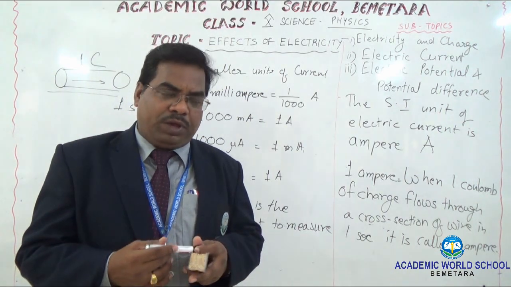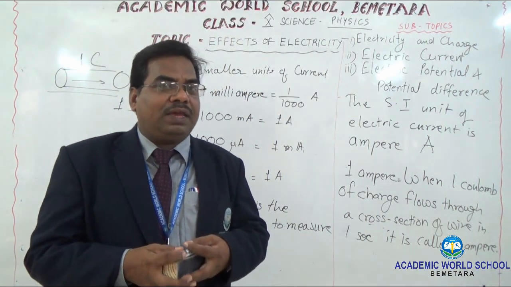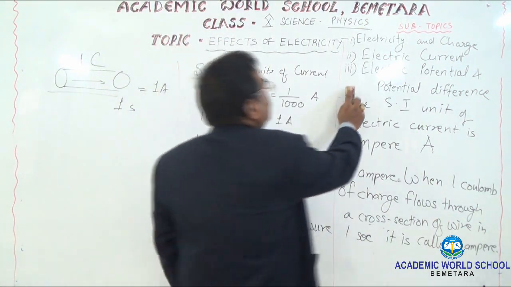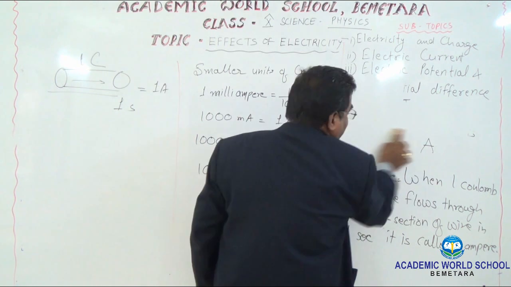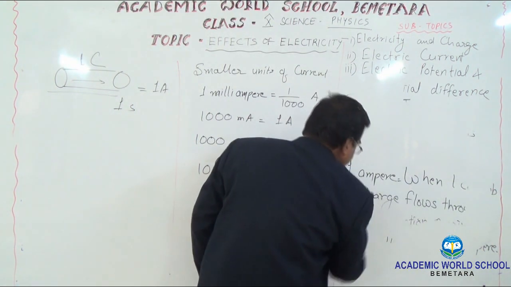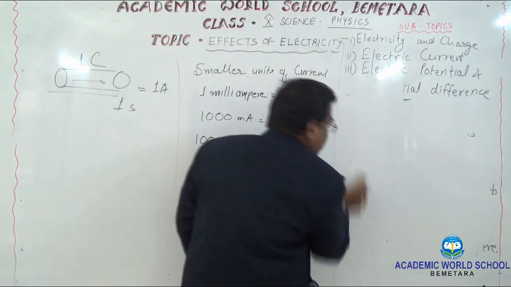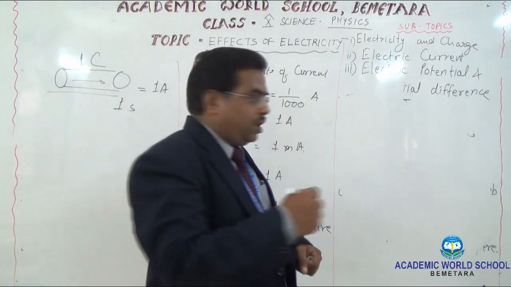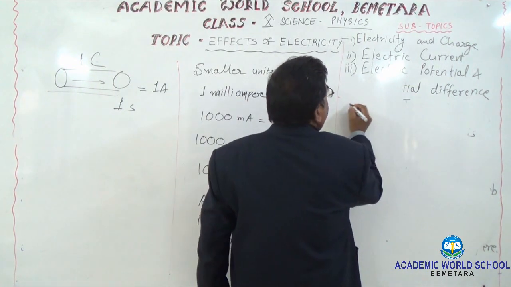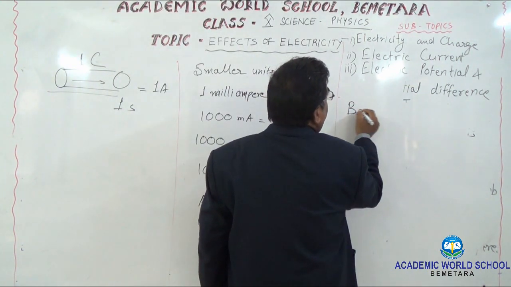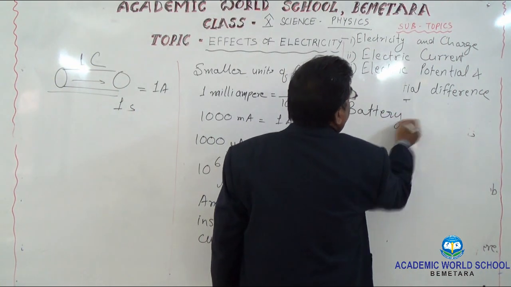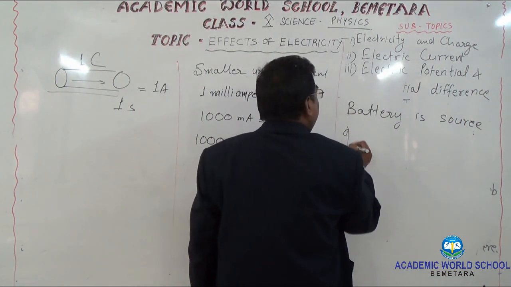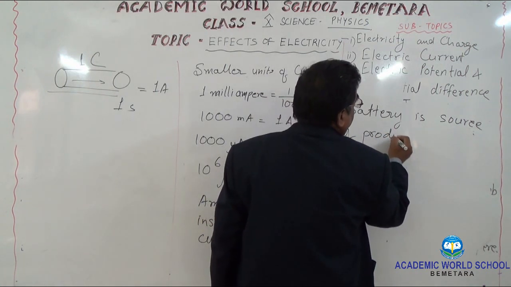What is the role of the battery in any electric circuit? The electric circuit begins to give current by cell or battery. So the battery is the source of producing current.